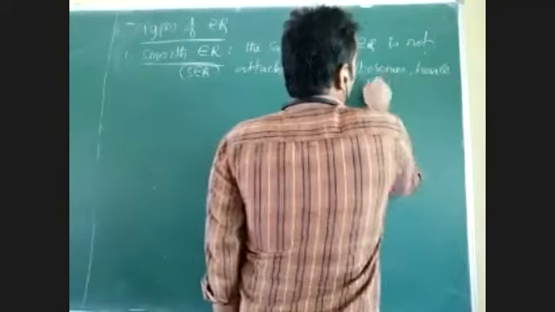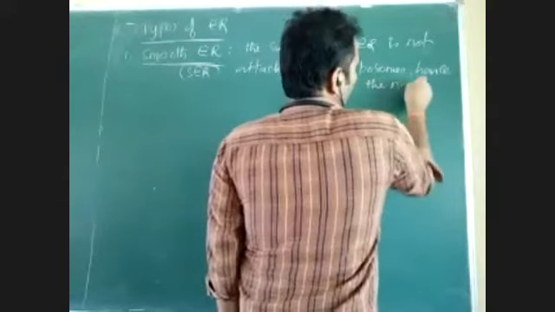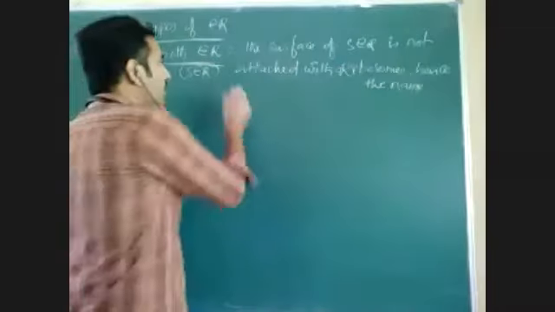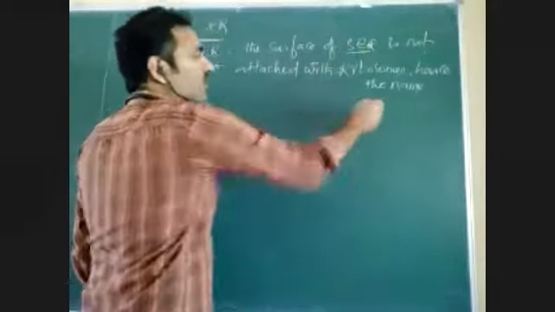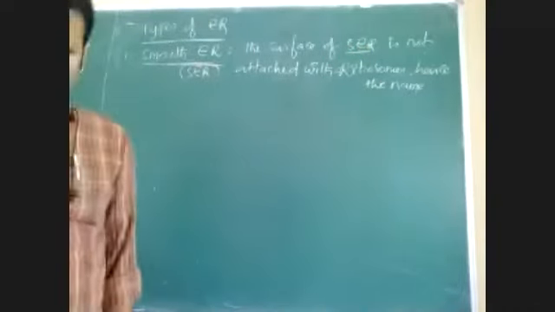Hence, the name is given. If the surface of endoplasmic reticulum is not coated with ribosomes, then that type of endoplasmic reticulum is called smooth endoplasmic reticulum. Smooth endoplasmic reticulum does not contain ribosomes.